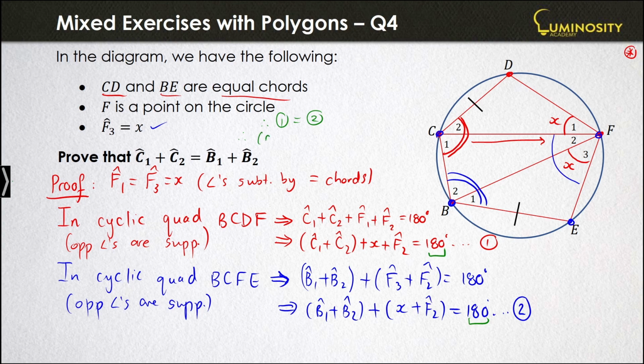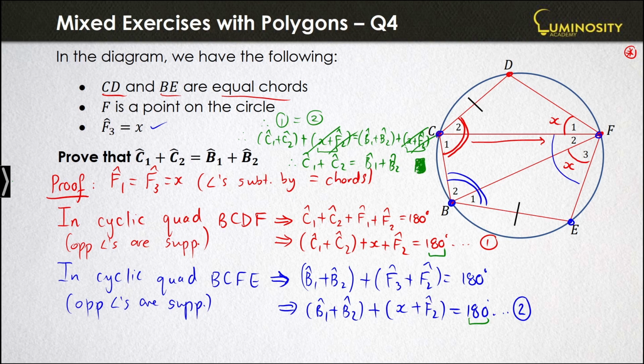Therefore, I can say that angle C1 plus C2 plus X plus F2 must be the same as angle B1 plus angle B2 plus angle X plus angle F2. Now notice on the left and the right hand side you have X and F2. So I can subtract both those terms, and I'm left with angle C1 plus angle C2 equals angle B1 plus angle B2, and that's exactly what we wanted to prove in the first place.